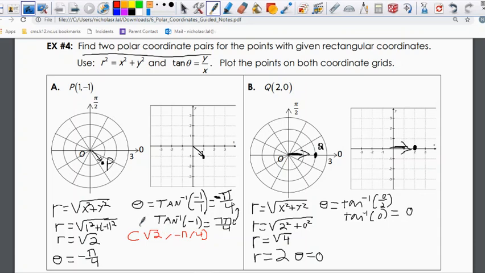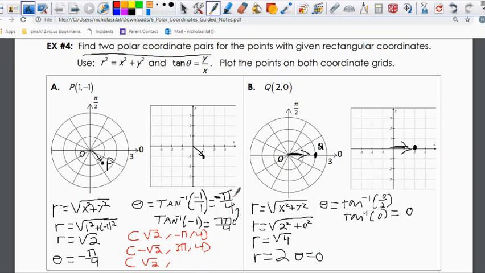But another one could be negative root 2, 3 pi over 4. So added pi made r negative. Or you could do root 2 and 7 pi over 4.